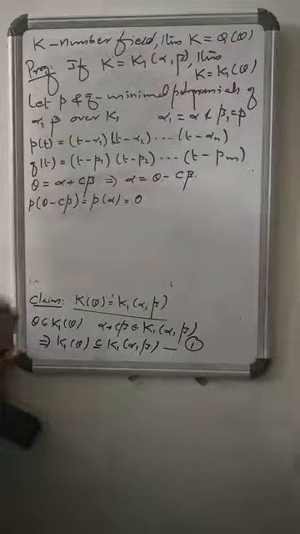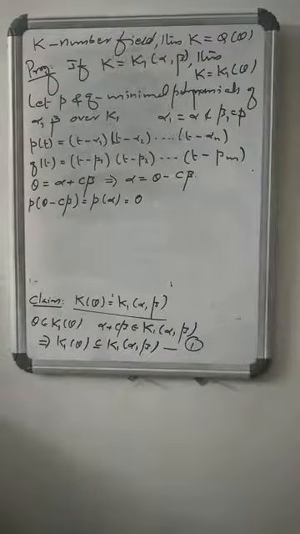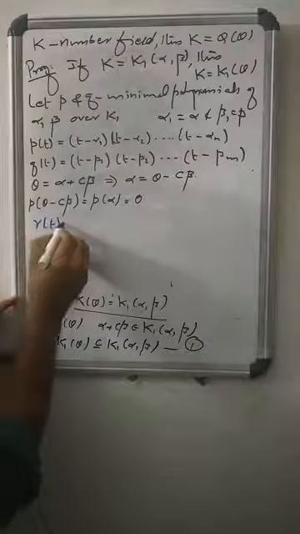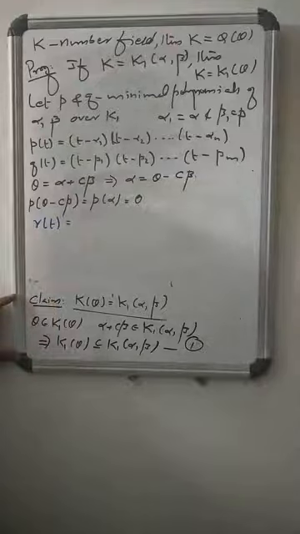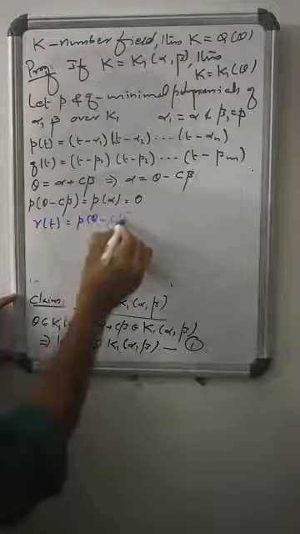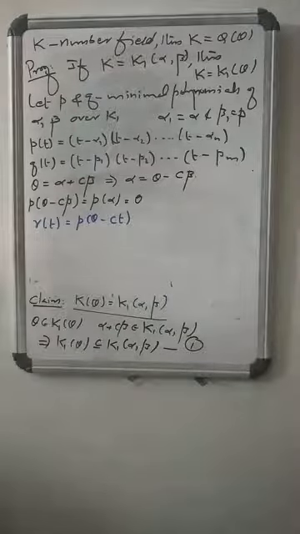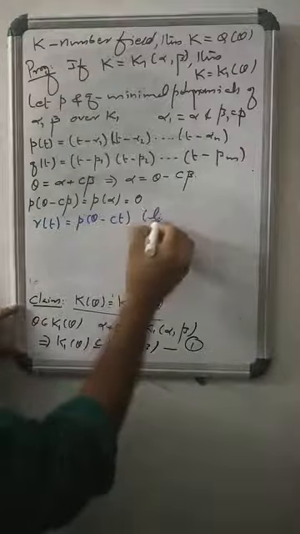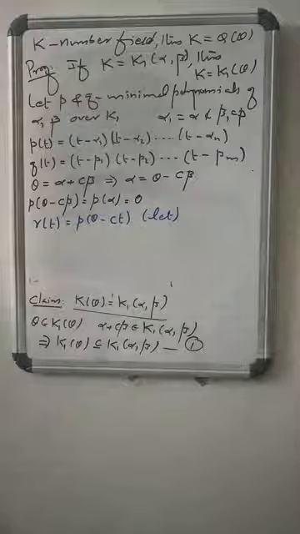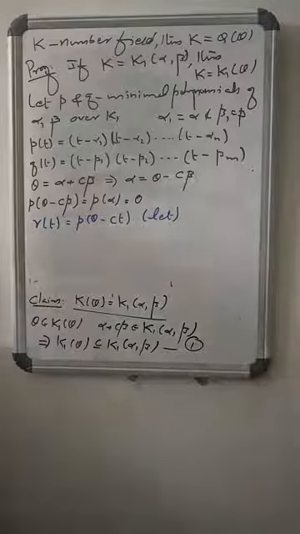Clear? Now we define a polynomial gamma(t) or R(t), whatever. Define another polynomial R(t), where R(t) equals P of theta minus c t.